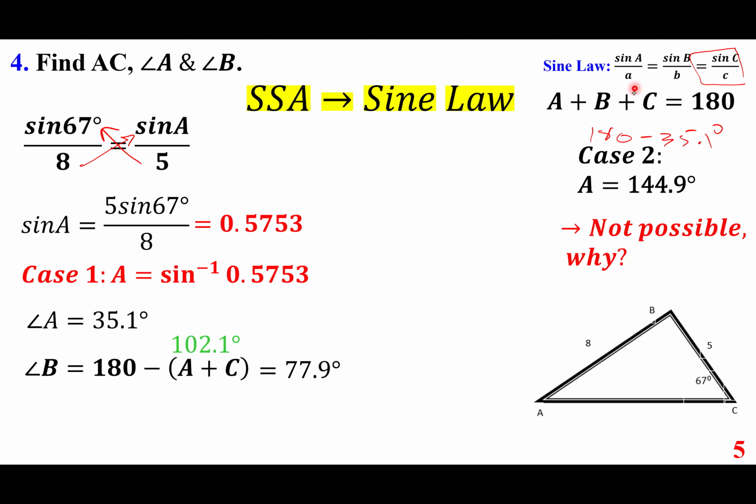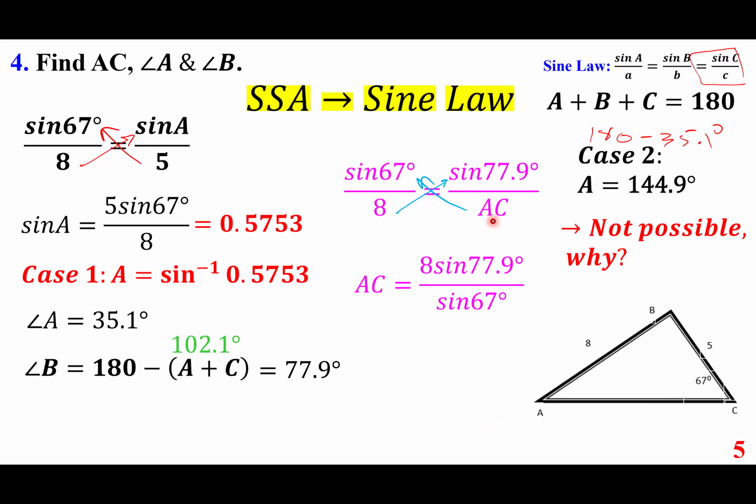Now we continue with the next part. Sine of 67 over 8, we keep that. Okay. Sine of B over AC. So B is 77.9. Sine of 77.9 over AC, the cross product means if we multiply this and divide by this, we get AC.